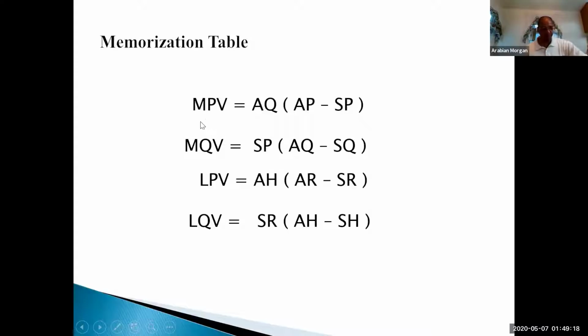So instead of saying materials price variance, I'll say MPV. Instead of material quantity variance, I'll say MQV. The labor price variance will be LPV, and the labor quantity variance will be LQV. But again, we will come back to that later today, but I will begin using those abbreviations, and we'll go with those later.